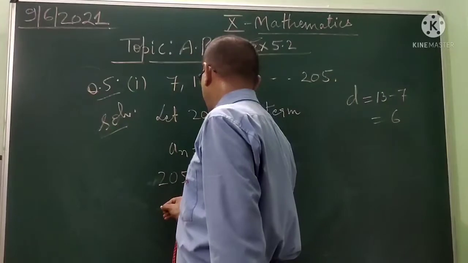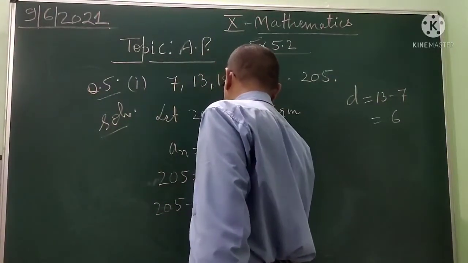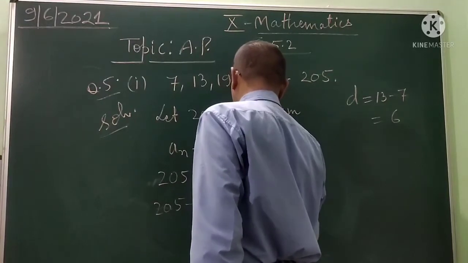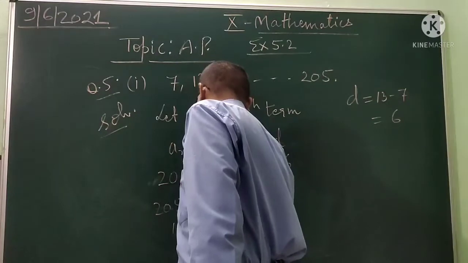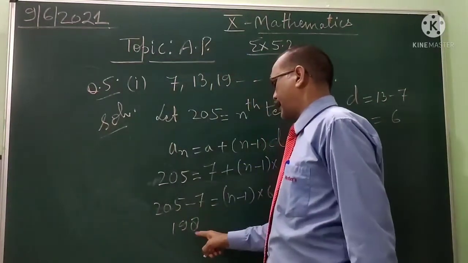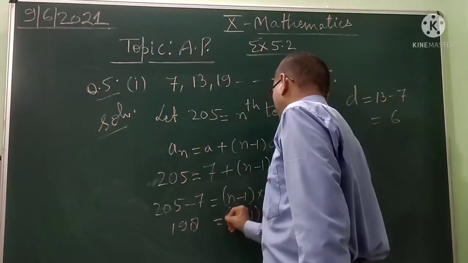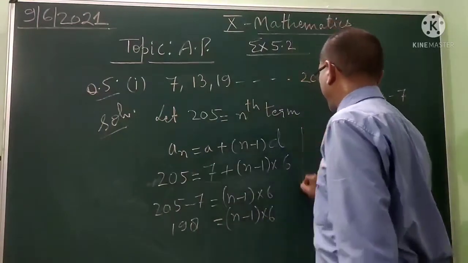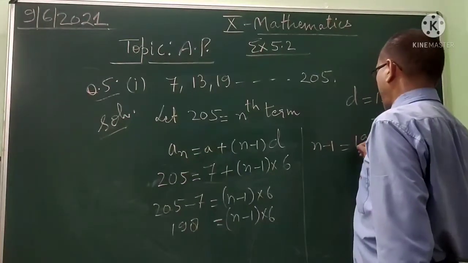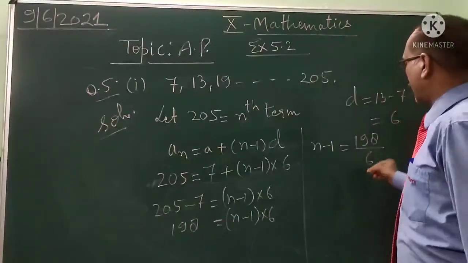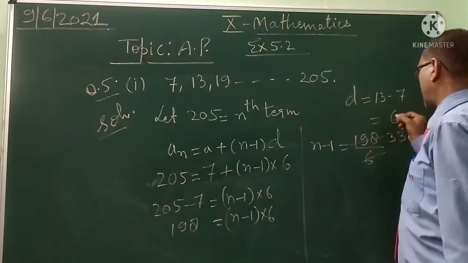Now 205 minus 7 equals n minus 1 into 6. It is 198. Then n minus 1 equals 198 divided by 6. 6 times 3 is 18, then 6 times 33 is 198.